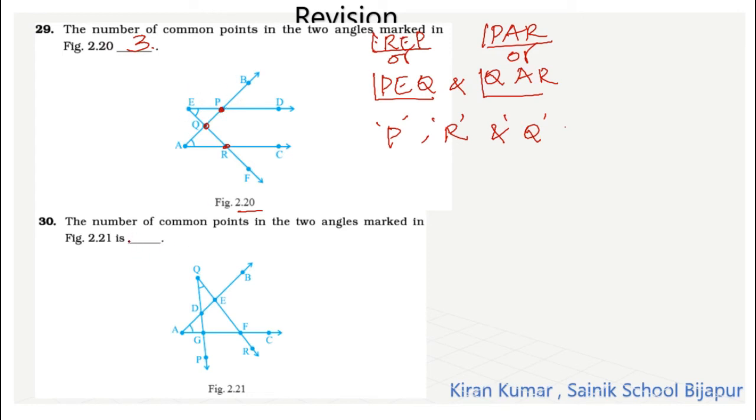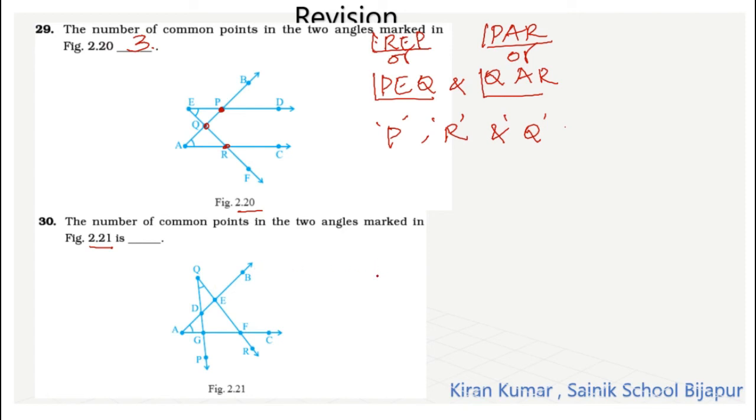Question 30. The number of common points in the two angles marked in the figure 2.21 is, if I consider E, Q, P as one of the angle, B, A, C as another angle, there are points which are common.